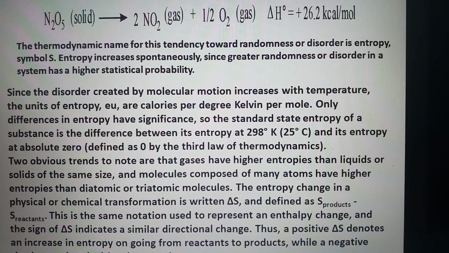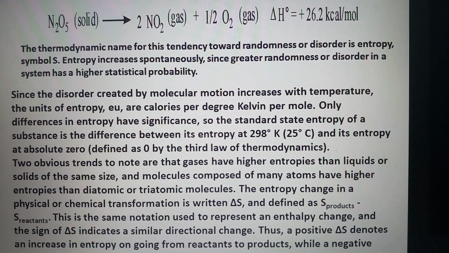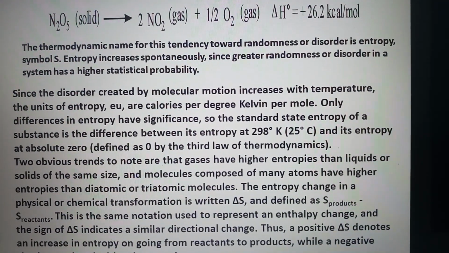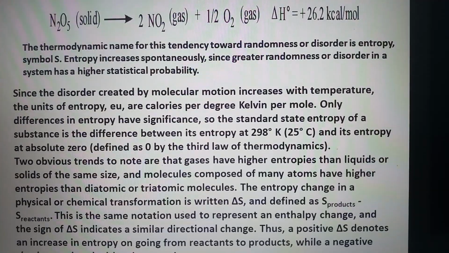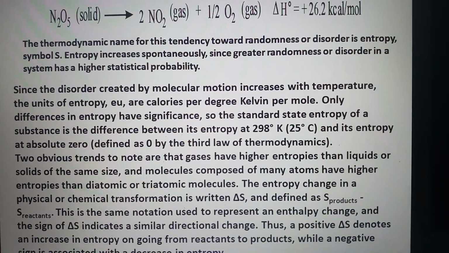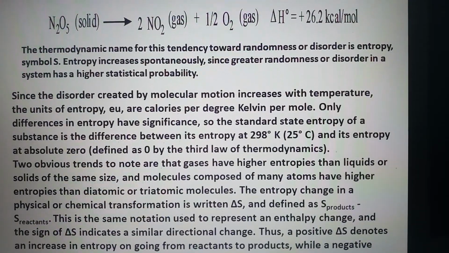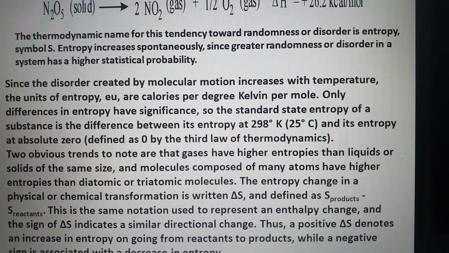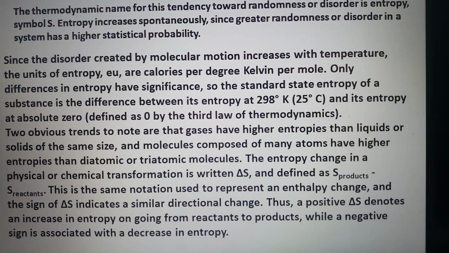This is the same notation used to represent an enthalpy change, and the sign of delta S indicates a similar directional change. Thus, a positive delta S denotes an increase in entropy on going from reactants to products, while a negative sign is associated with a decrease in entropy.